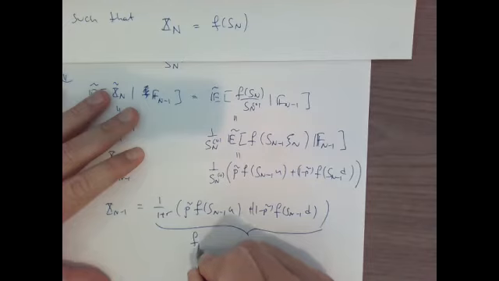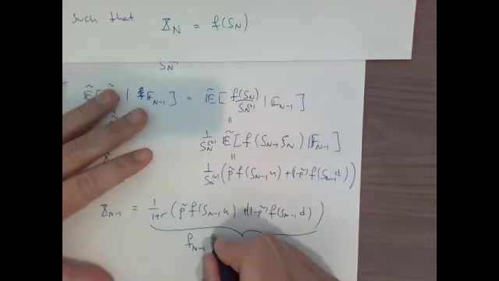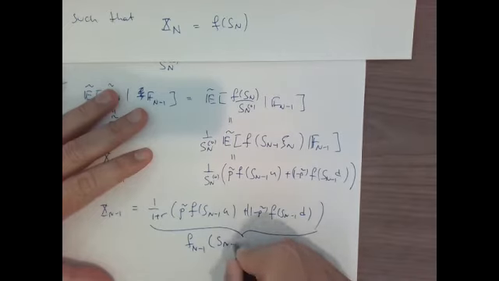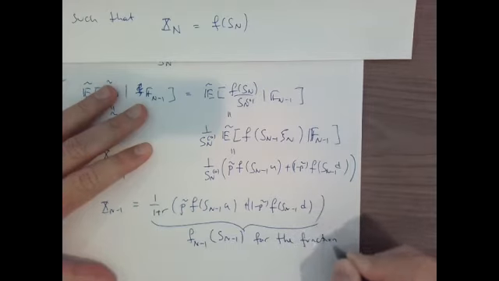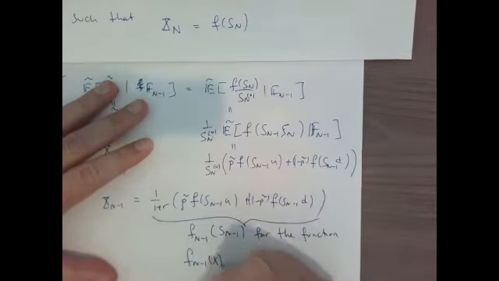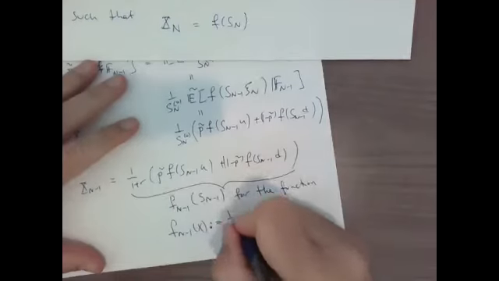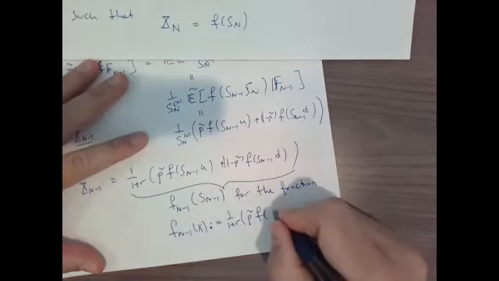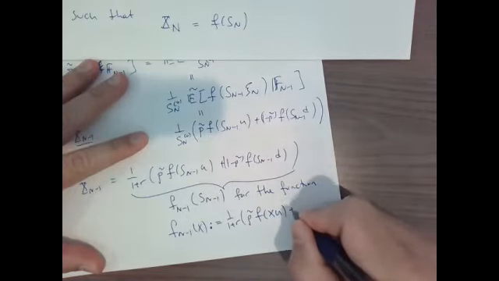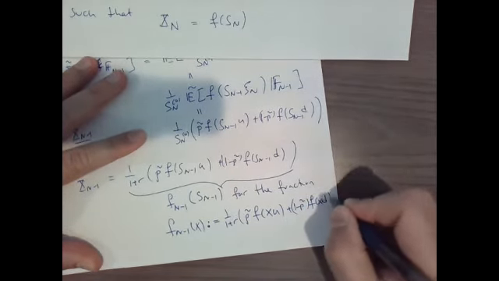Let's call it F_{n-1} of S_{n-1}, for the function F_{n-1} of x defined as 1 over 1 plus r, times p tilde f of x times u plus 1 minus p tilde f of x times d.